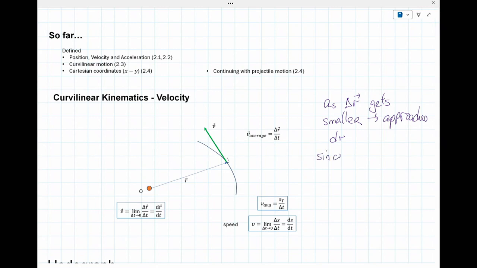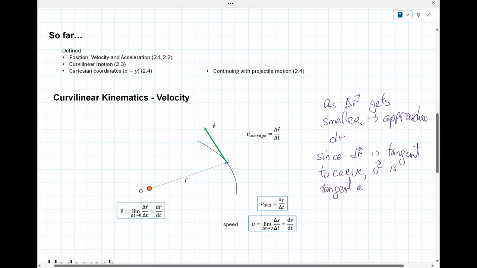So since dr is going to be tangent to the curve, and velocity is just dr over dt, which has no direction, then dr and v both are tangent to the curve.